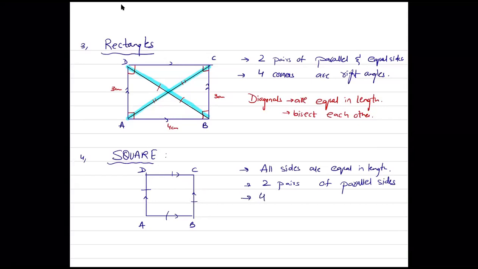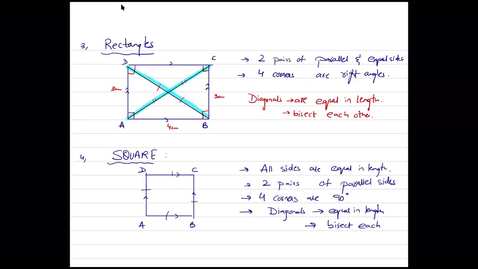All the four corners are at an angle of 90 degree. And diagonals इसमें भी are going to be equal in length, and they are going to bisect each other.